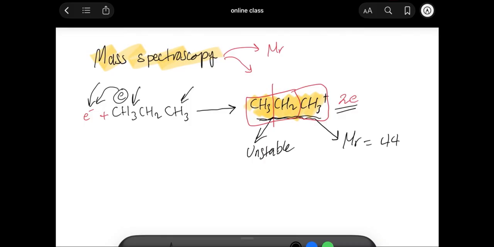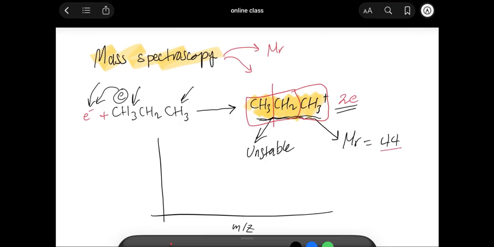How does this thing appear on a graph? First of all, if we use this instrument, we'll end up with a diagram, a mass spectrum. The x-axis represents the mass per charge ratio, or m per z, and the y-axis represents the abundance, or the amount of these fragments.